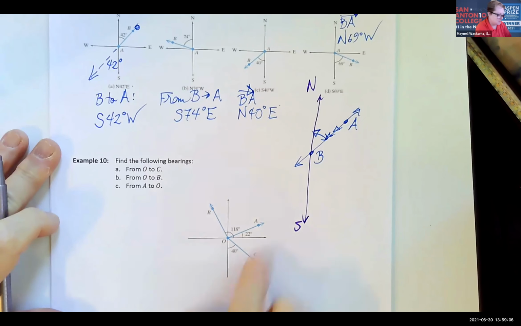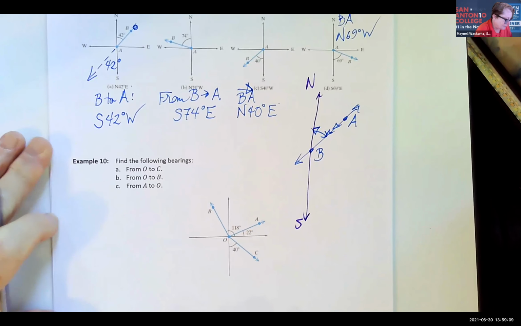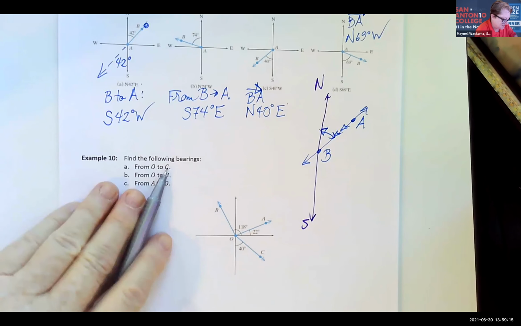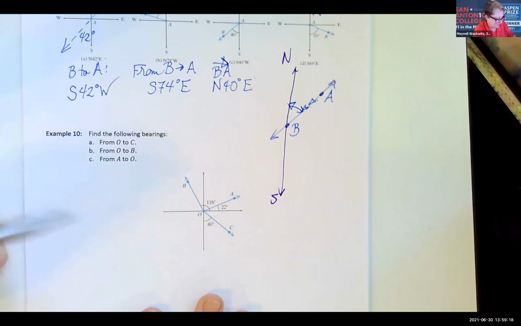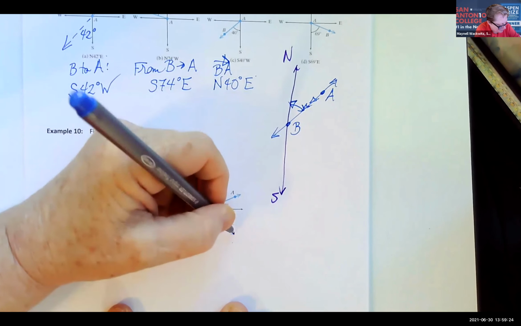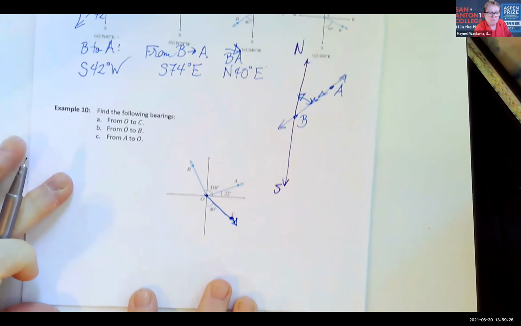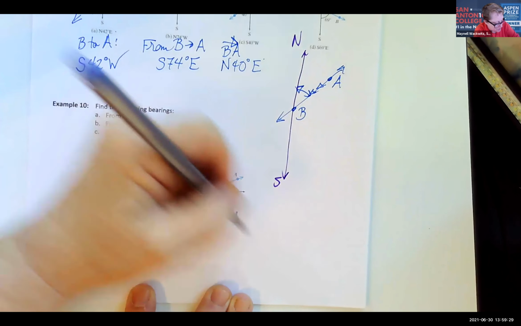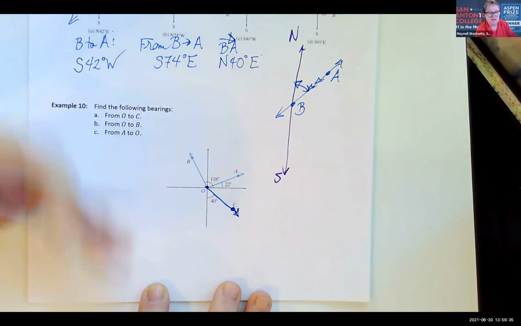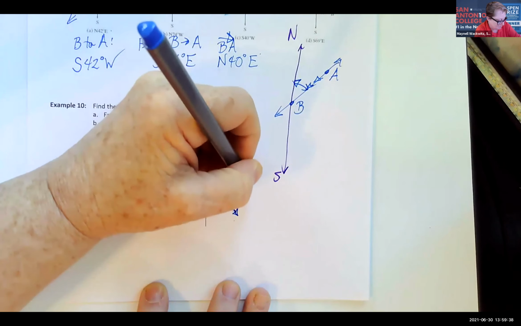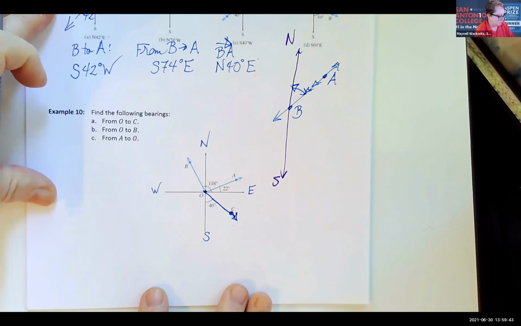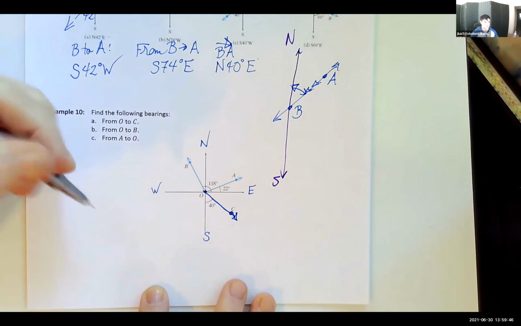So let's use this diagram and see if we can find the bearings from O, which is the origin, to C. How would we describe the ray from O to C? Is it below the east-west line, or above it? It's below the east-west line.